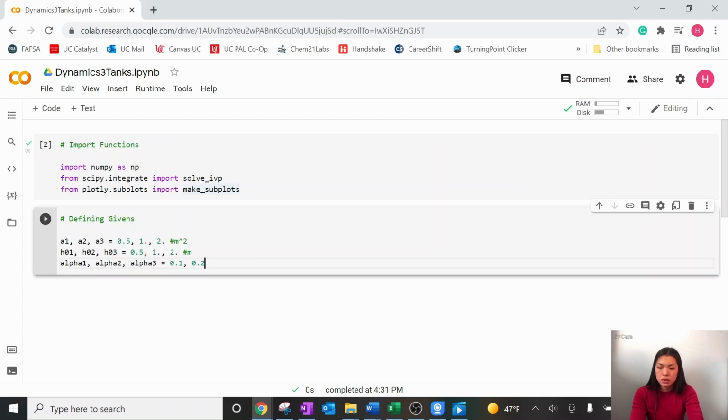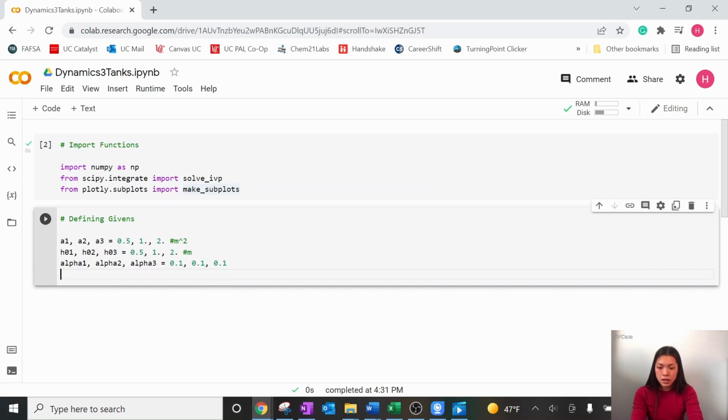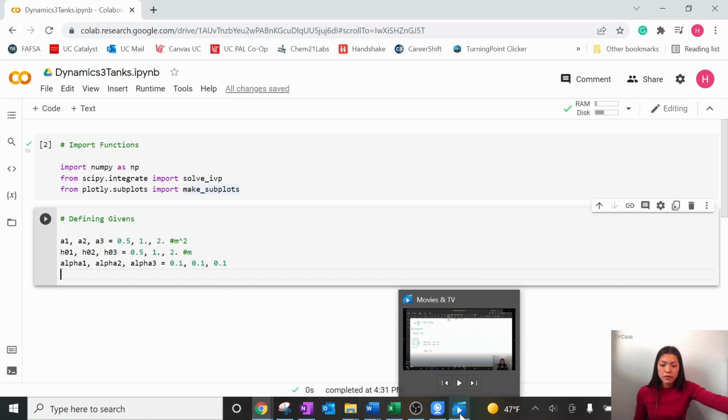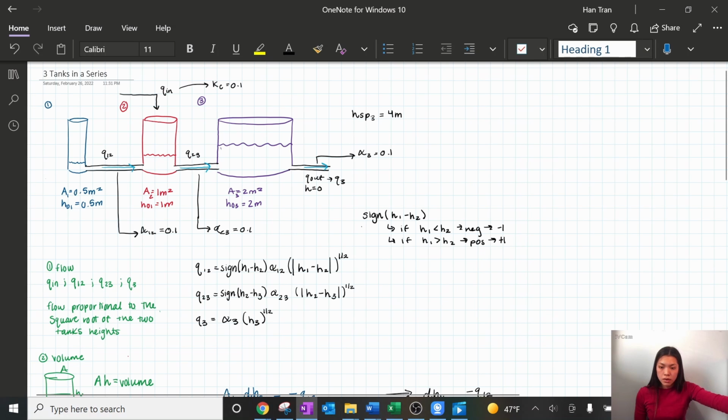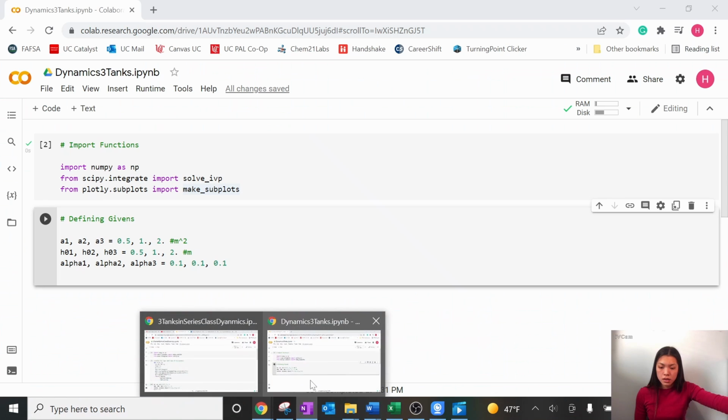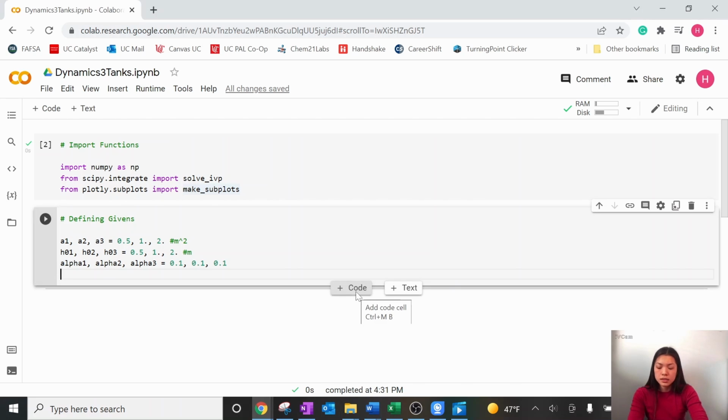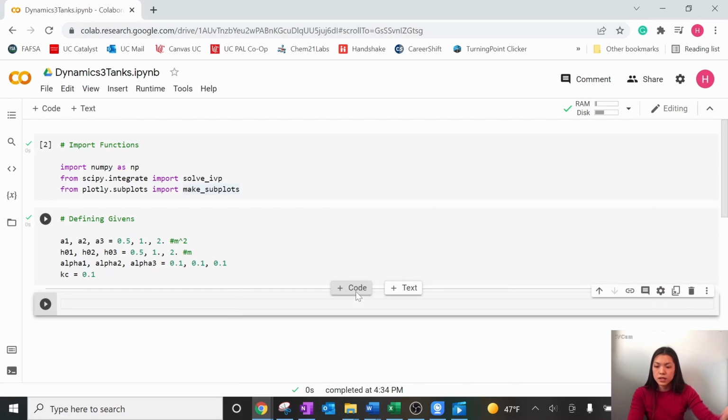From tank 2 to tank 3, it is 0.1. And out of tank 3, it is 0.1. We are also given the proportionality constant for the flow in, right here, and that is Kc. So we are going to shift enter.